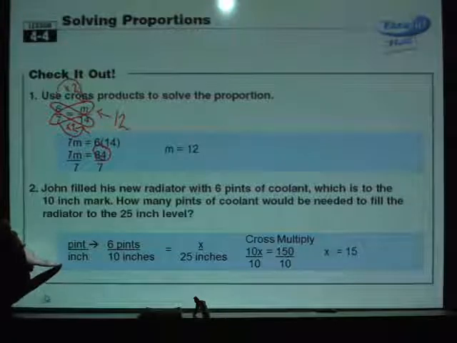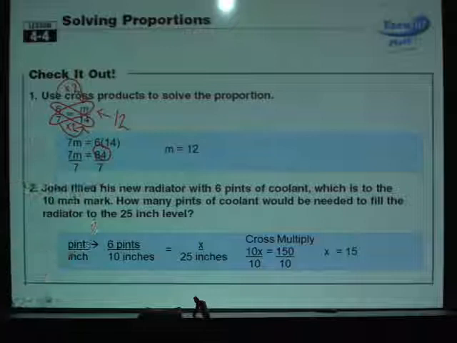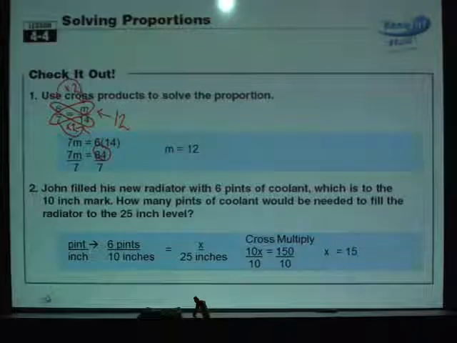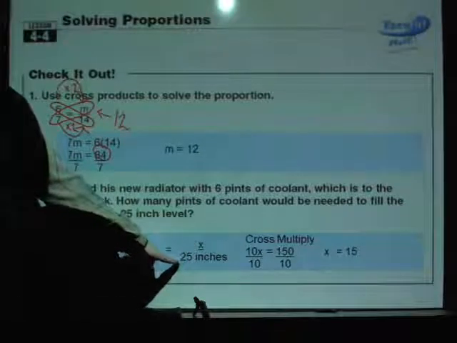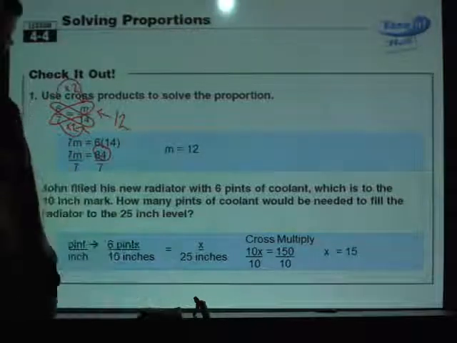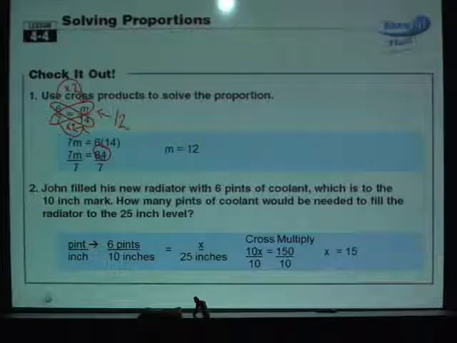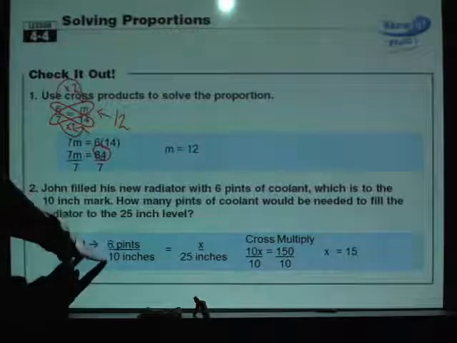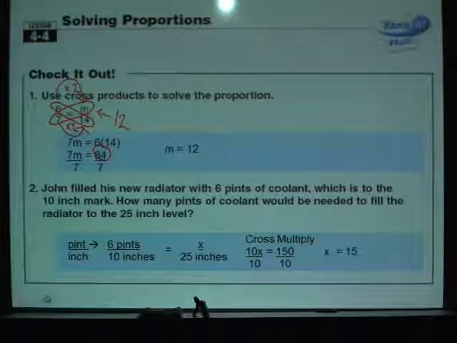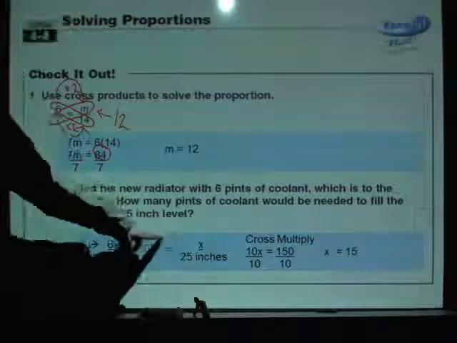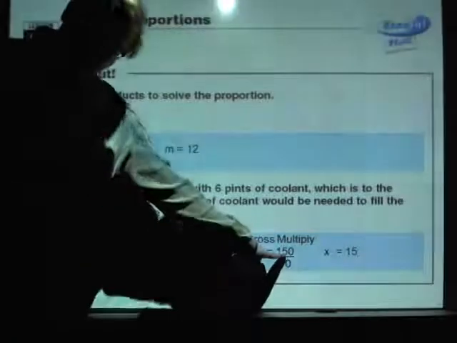So anything else I write is going to have to go in the exact same order, pints first and inches second. So when I come over here and they're asking me about how much it's going to take to fill to the 25-inch level, the top number, the number of pints, fills in as X. The second number is 25 inches. So 6 pints is to 10 inches as what amount of pints is to 25 inches? Well, remember, the diagonals have to be the same here. 6 times 25 on the one diagonal is 150.